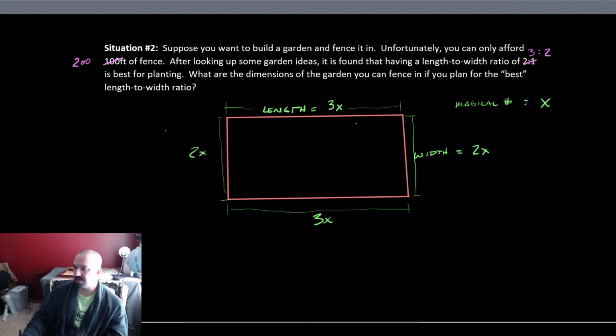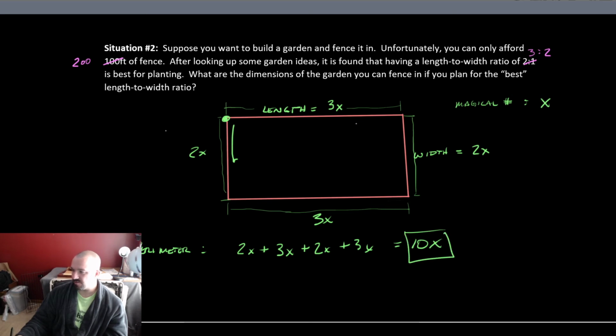That makes this 2x. So all we have to do is add all of these up. So the perimeter, if I start in this corner and walk around, that's going to give us 2x plus 3x plus 2x plus 3x. Okay, well, if we add and combine all of those things together, then we get 10x. So that's our full perimeter.